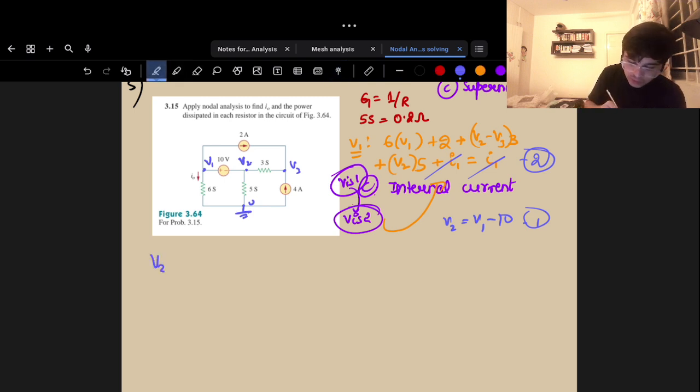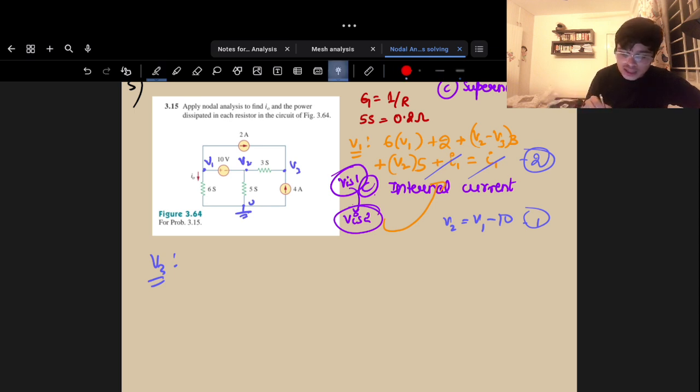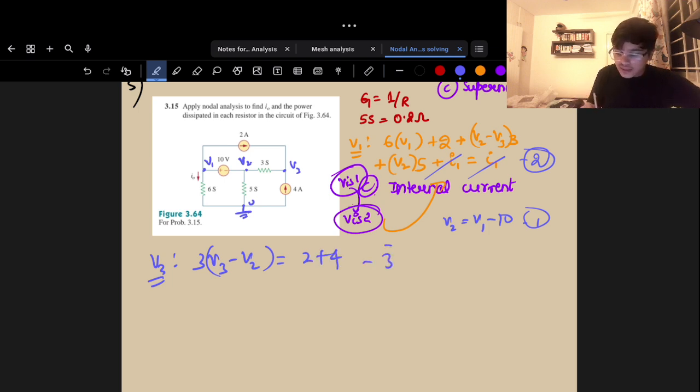So let's go for V3 here. Once you have understood the supernode concept, it's very easy to apply for one particular node. This is not a supernode, you're just simply applying it for V3 here. Now, the current leaving V3 is simply (V3 minus V2) into 3 Siemens, and the current entering is 2 plus 4. This is my equation number 3. Three equations and three variables.